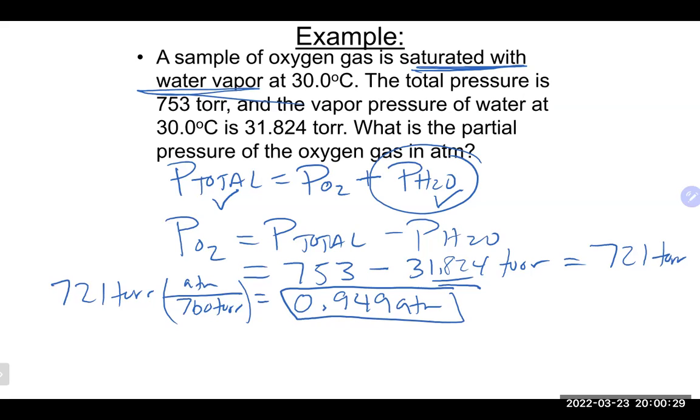And again, the key words to look for in a book problem are something mentioning water. So saturated with water vapor, collected over water, something involving water usually will mean you need to do some type of correction calculation like what we see here. Any questions on that?